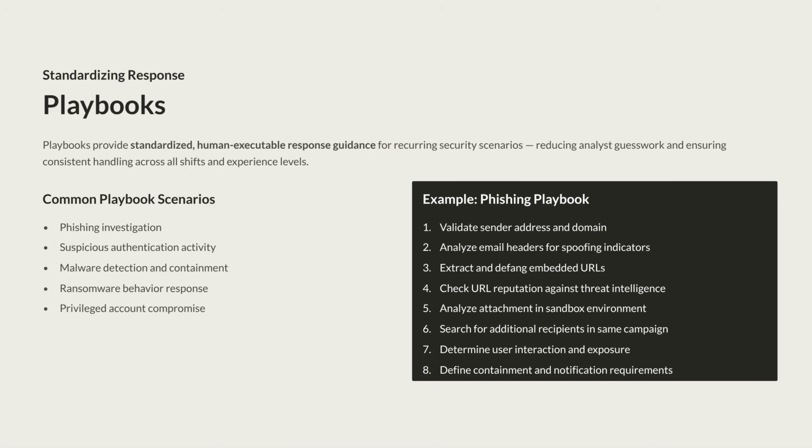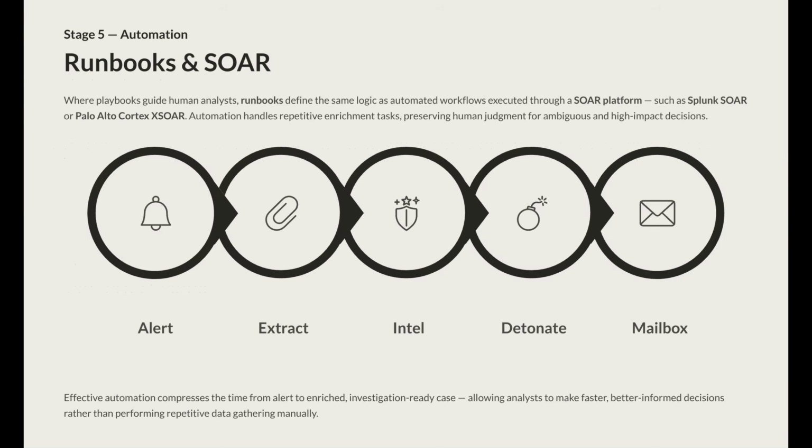Playbooks guide analysts. Runbooks and SOAR automate repeatable work. Escalation moves cases to the appropriate level, and case management preserves the entire investigation history. Then, after the investigation is closed, the findings go back into the SOC, so the next detection and investigation can be better than the previous one.